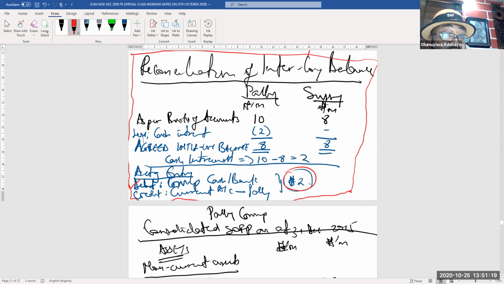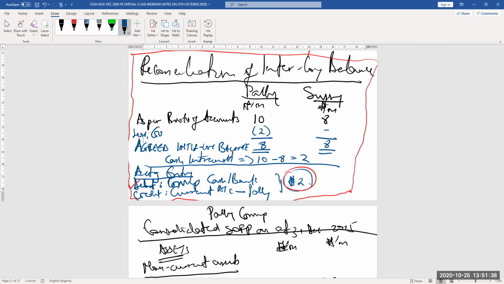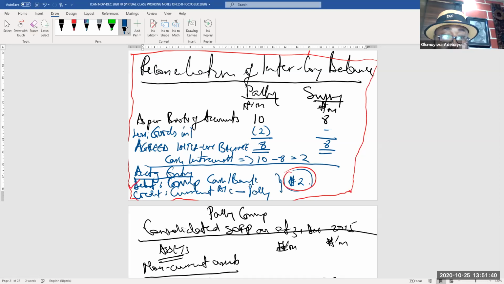Here, instead of you making an adjustment and you call it cash in transit, what I'll call it is what? Goods in transit. Instead of me calling it cash in transit, I'll call it what? Goods in transit. Now, instead of me adjusting it against cash, I'll adjust it against group inventory.